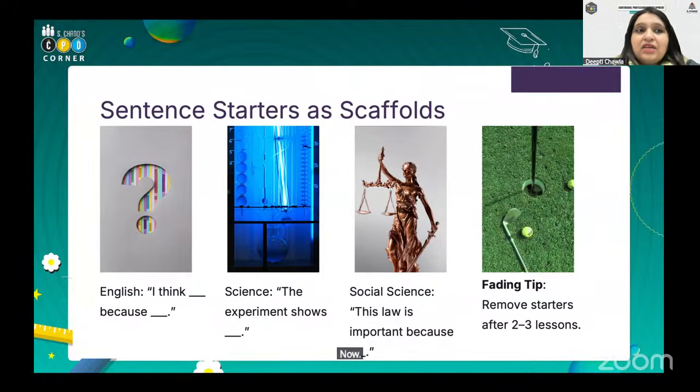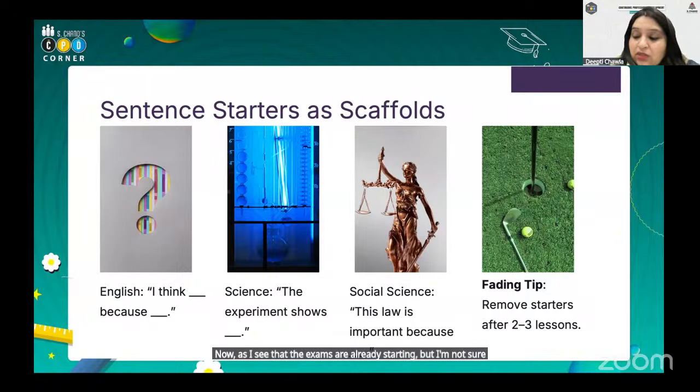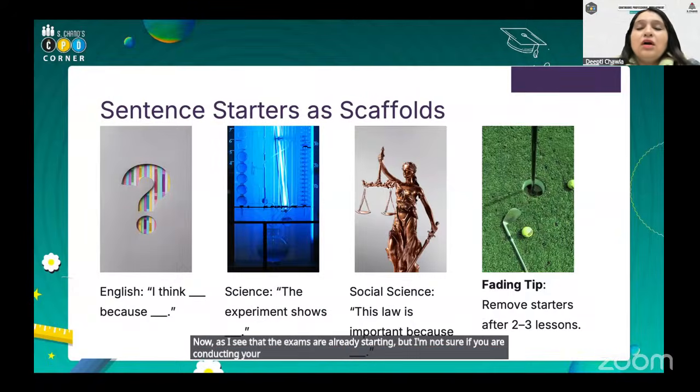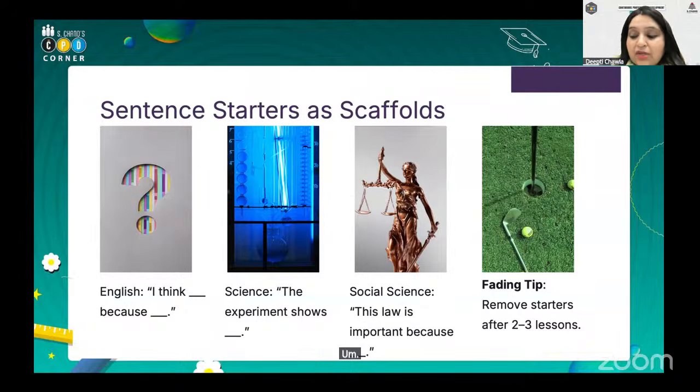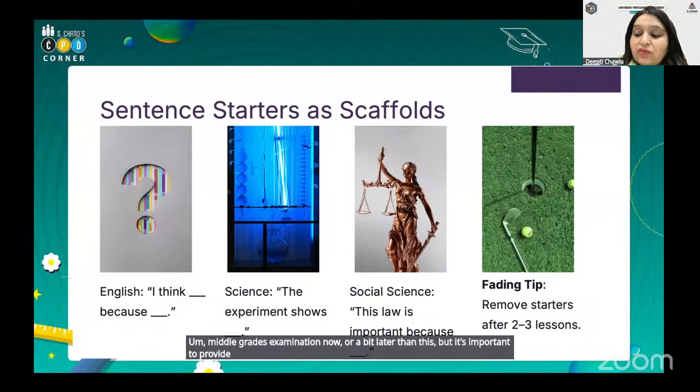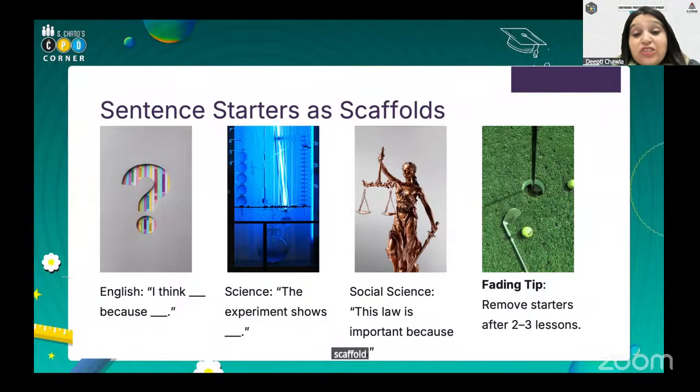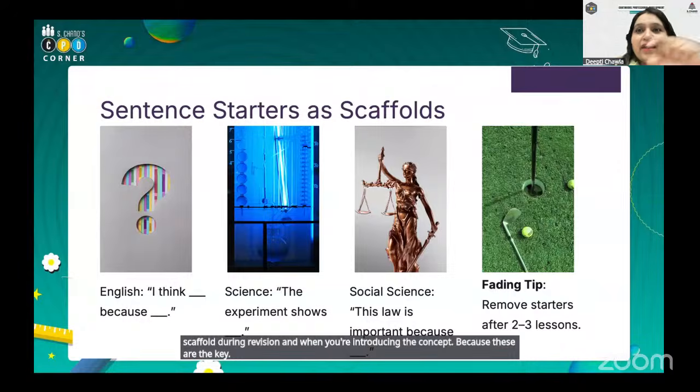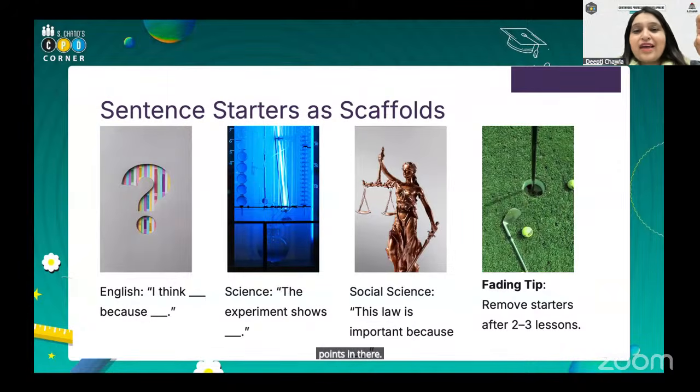Now as I see that the exams are already starting, but I'm not sure if you are conducting your primary grades and middle grades examination now, or a bit later than this, but it's important to provide that kind of scaffold during revision and when you're introducing the concept, because these are the key points in their learning cycle, where initially they are starting and they need support in how to learn.